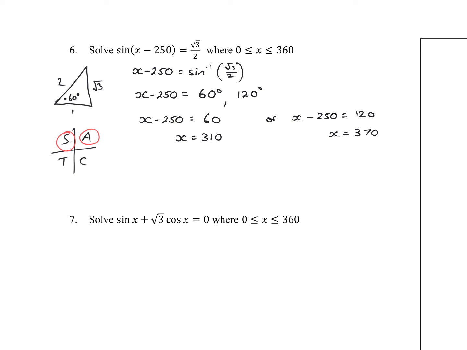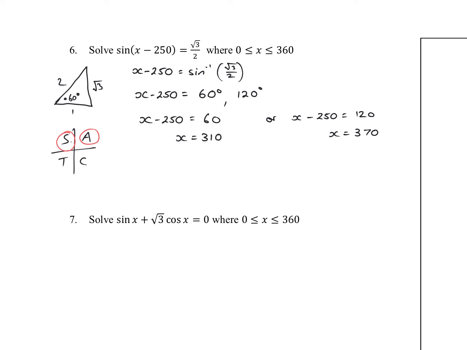Now, what can you tell me about that 370? It's above 360. What's my domain? 360, so it's outside my domain. However, is there another angle that we could actually have there? 310. How'd you get 310? I'm straight off the board.